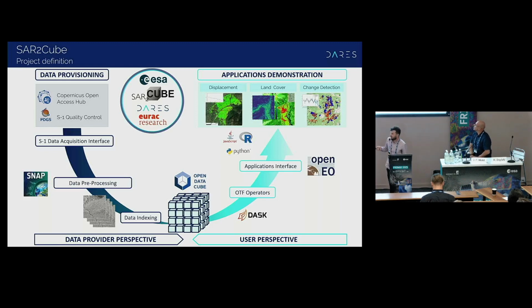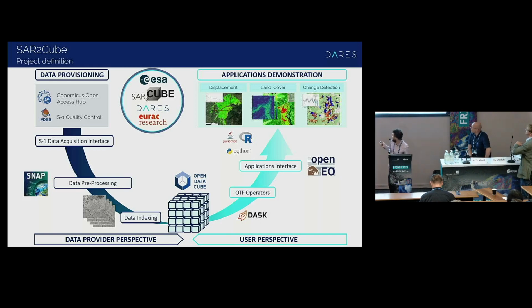So we did a new project called SAR2Cube, whose main purpose was to prepare data and store it in a platform, in an infrastructure, that is easy to access, fast, and then post-process with on-the-fly operators. So we did pre-processing based on Snap to register the images over a single reference image.